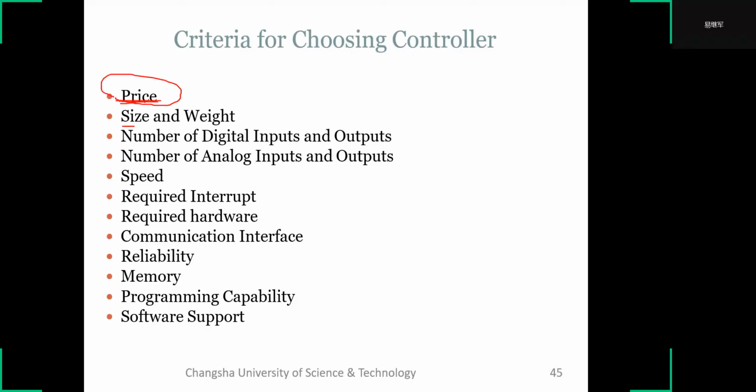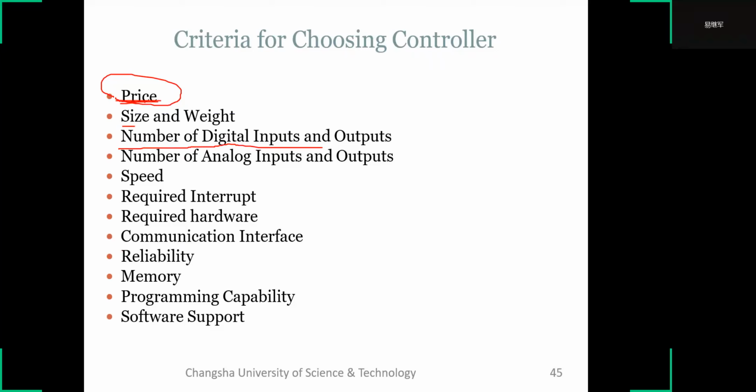For the size, maybe we need a smaller size and smaller weight. Number of digital inputs and outputs: this criterion comes from the control target. And the number of analog inputs and outputs.